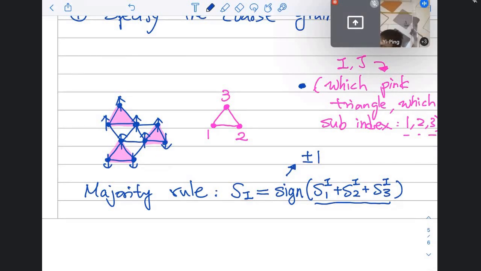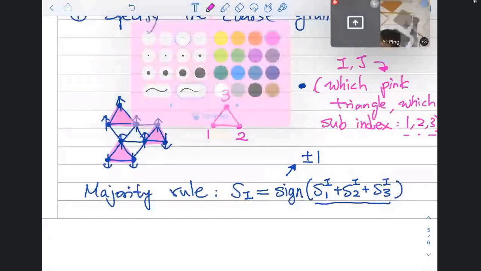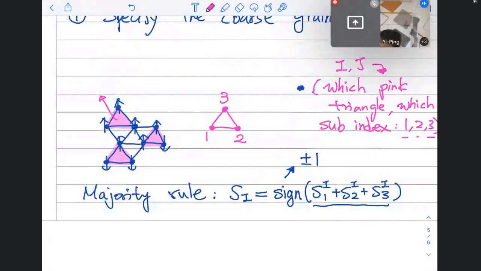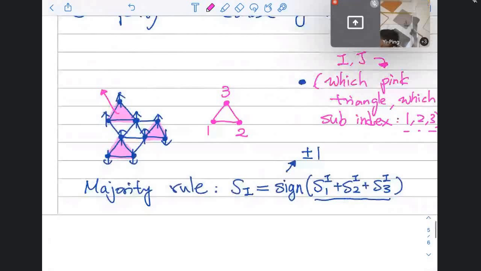So let's take a look at the majority rule. What are the spin configurations for this particular configuration of the original spins? For this block, the coarse-grained S_I should be three pluses added up together, so it will be +1. And for this particular plaquette, the coarse-grained spin, let's call it S_I prime, will be 2 up.